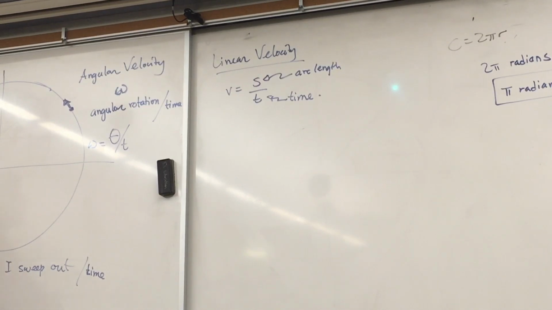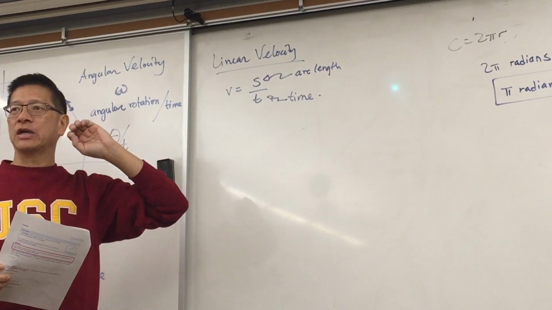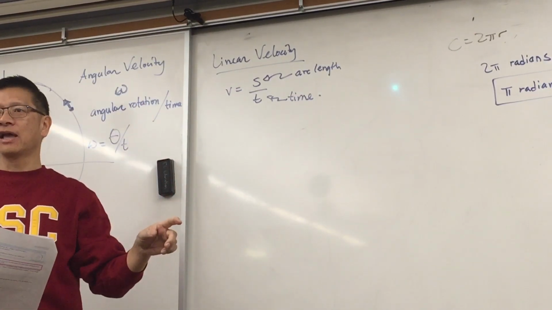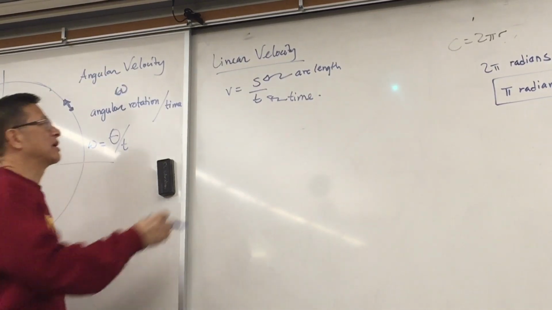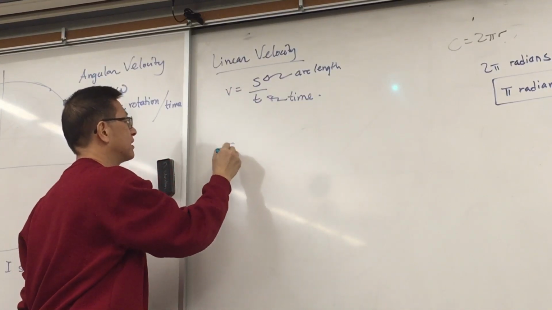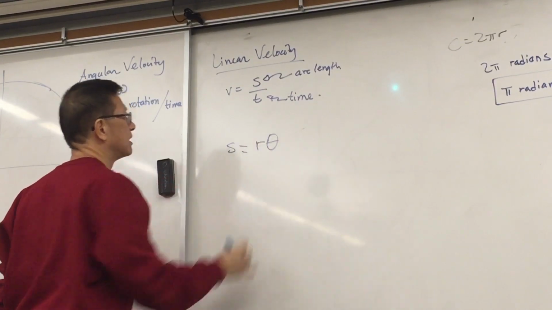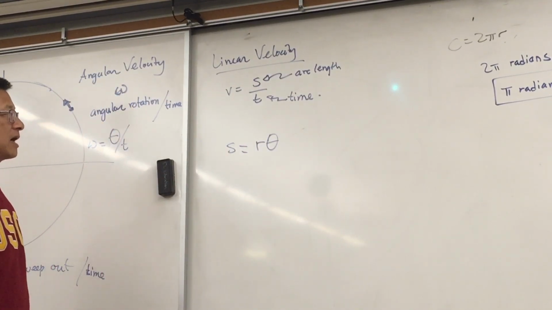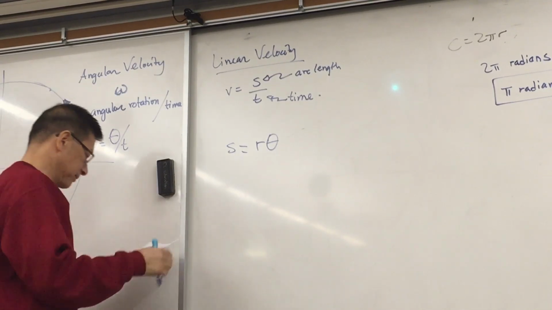And what does that constraint mean? It means that this S, the distance, is really an arc length. So the velocity is arc length over time. And because of that, we know arc length is equal to r times the angular, well, okay.